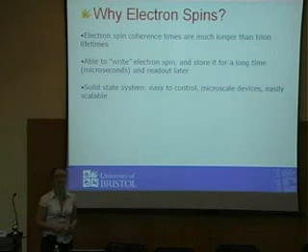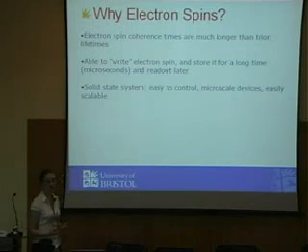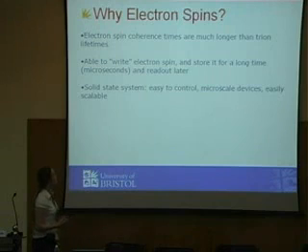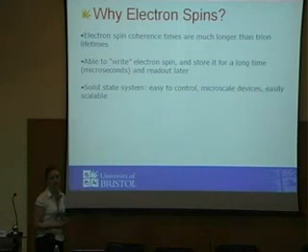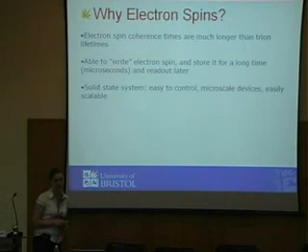So why use electron spins? It turns out, and I'll show you in the next few slides, that the coherence time of the electron is much longer than the trion or exciton lifetime. I forgot to mention that a trion is a three-particle state with two electrons and one hole. In fact, I'll show you that they will last for microseconds.